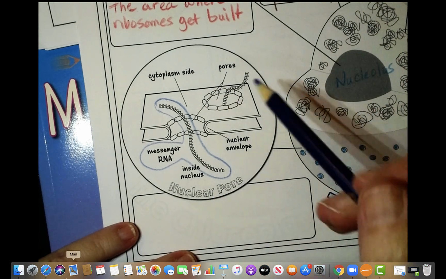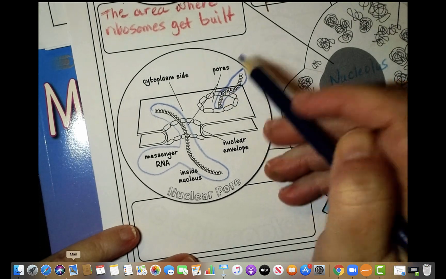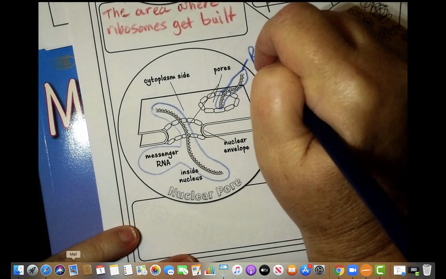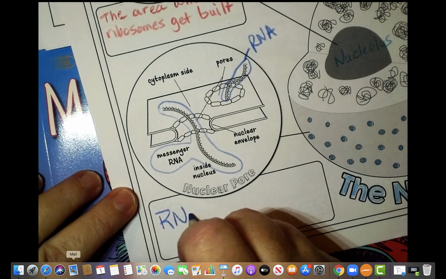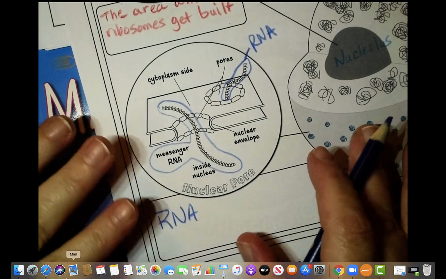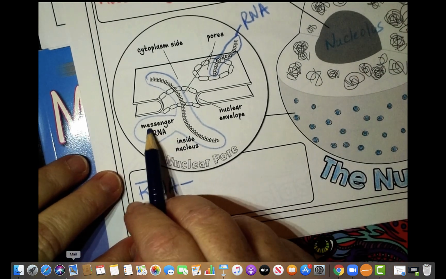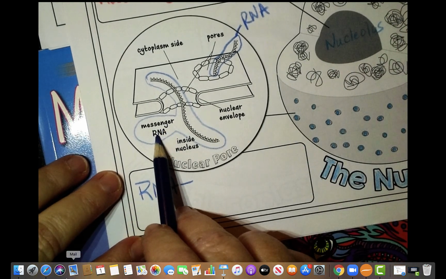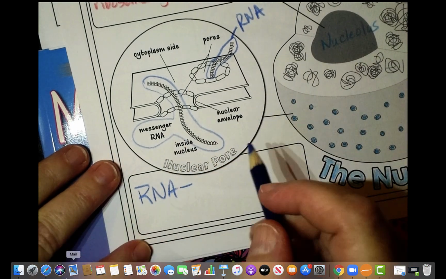And here's another example of one right here. So RNA is the copy. There's actually more than one type, so I'm just leaving it general right now. As you can see, it's called mRNA, messenger RNA, but for now I'm just going to call it RNA. We're going to be learning more about that later.